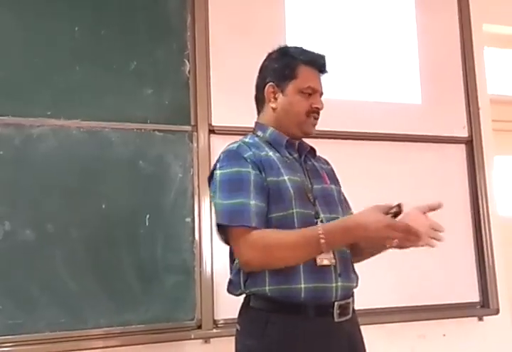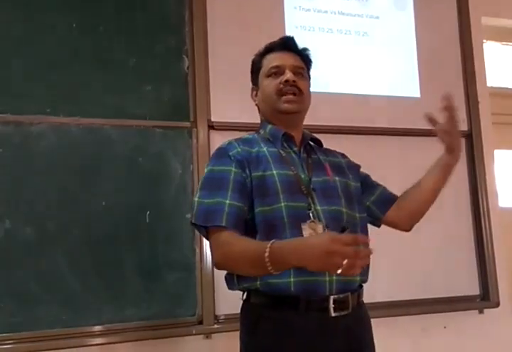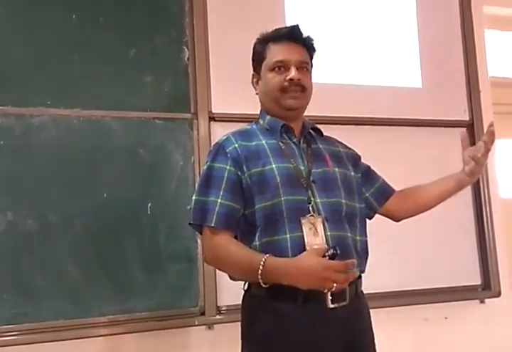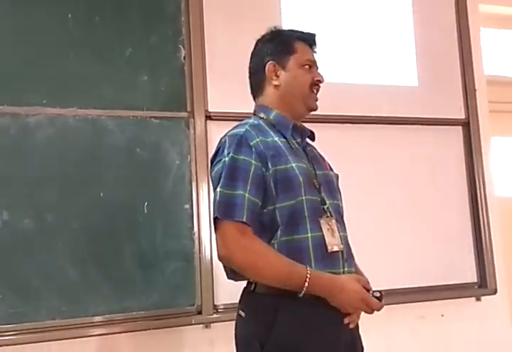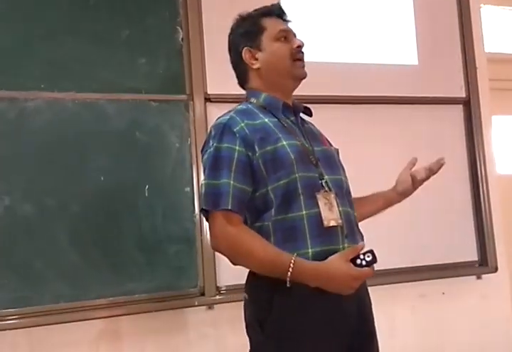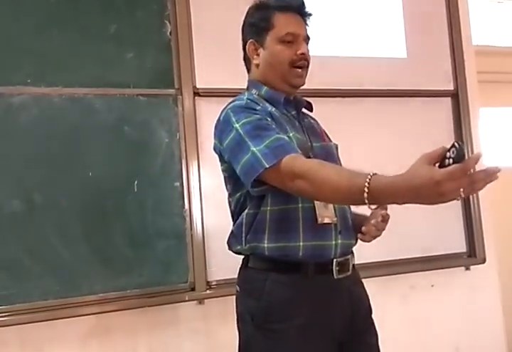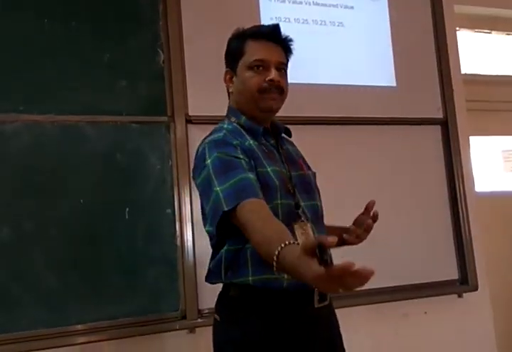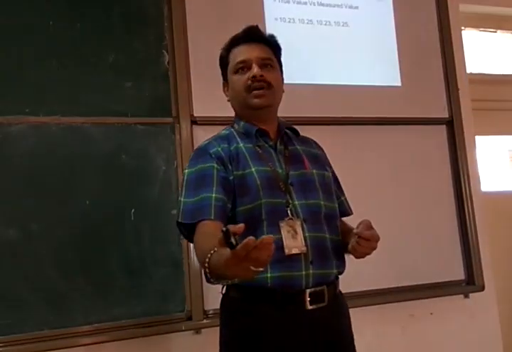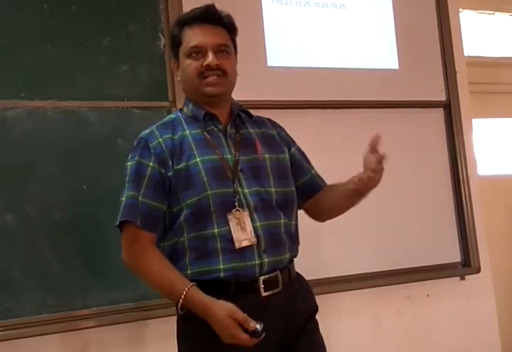How error propagates from one small quantity to another quantity when it is getting computed, getting a bigger quantity, a physical parameter like power, 2 pi N T by 60, where N and T need to be measured. Power has to be computed. How power uncertainty comes, what component of speed measurement error gets transmitted, what component of torque error gets transmitted to the power is the subject matter for another.